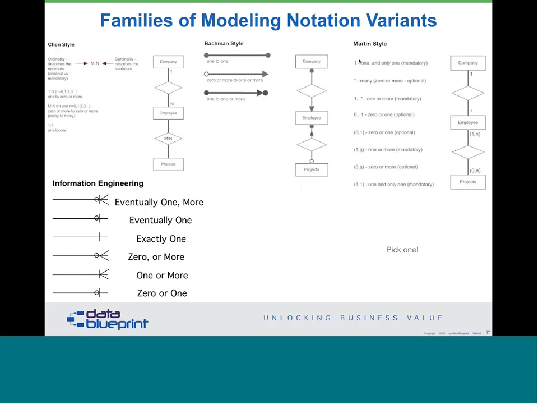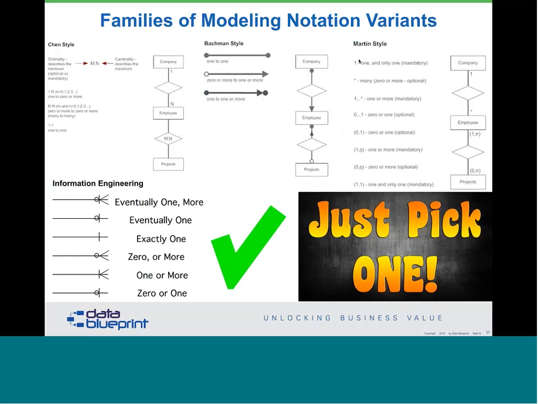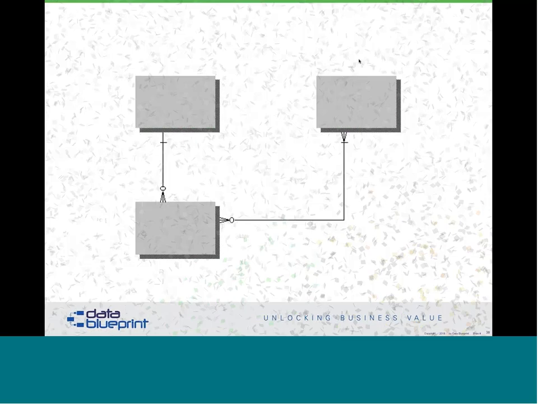The key is do not get yourself involved in an argument over these. Pick one of these styles and move on. It is not worth arguing the fundamental differences. There are some methods that are not capable of supporting concepts in there, but any one of these methods will work just fine. Again, just pick one. We're going to pick information engineering, and let's take a look.